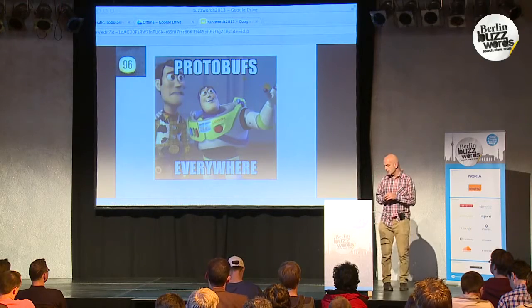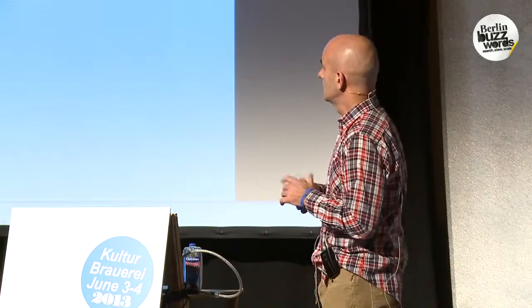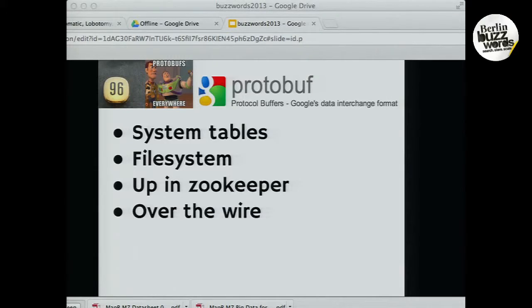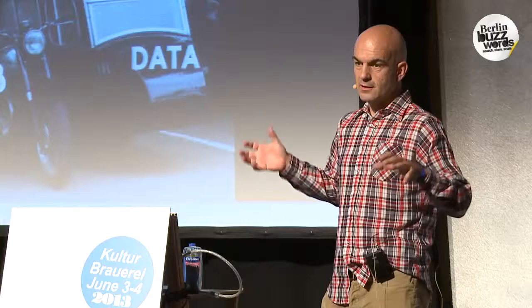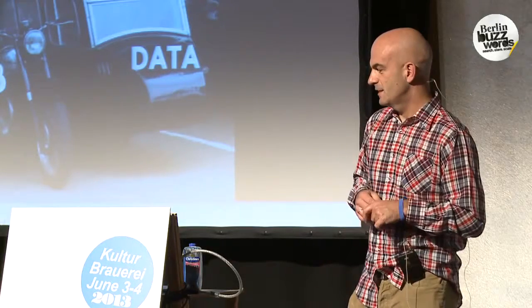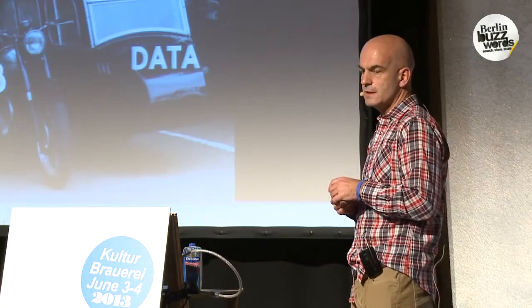Everywhere we persist, we do it in protobufs, whether in the system tables, file systems, up on ZooKeeper, or when we put stuff over the wire. We also inherited Hadoop's RPC. And over the years, their RPC has accumulated an awful lot of cruft, uses things like Java proxy.